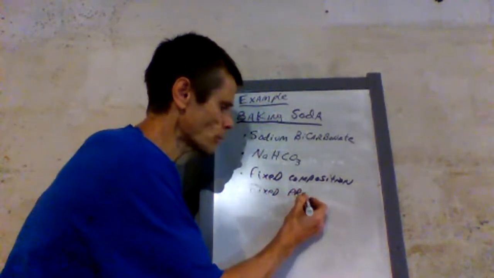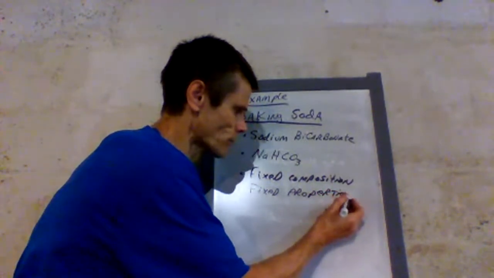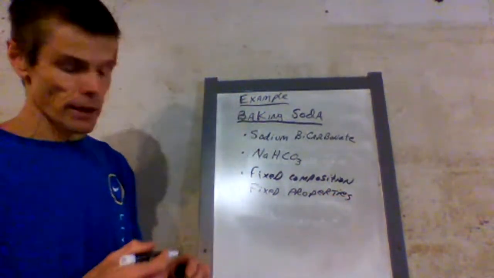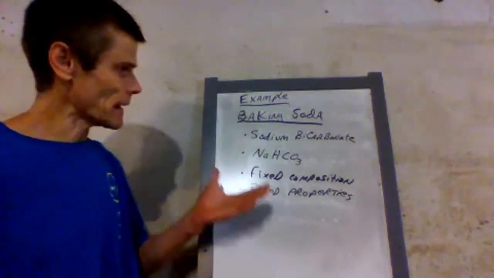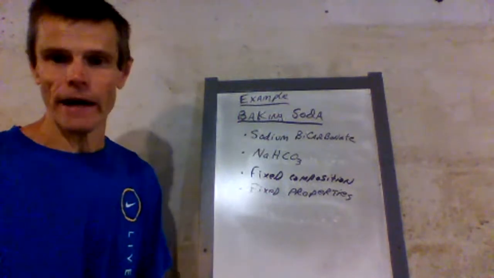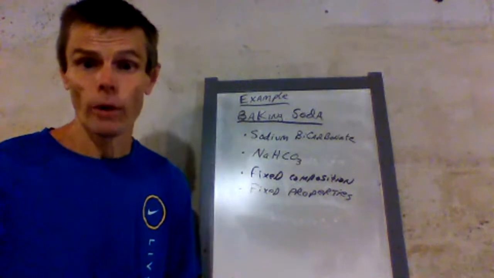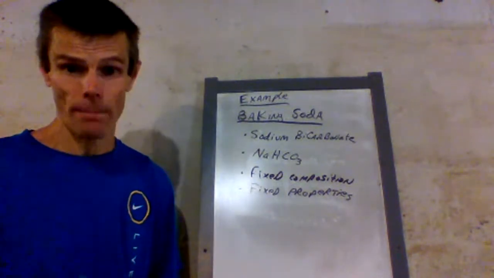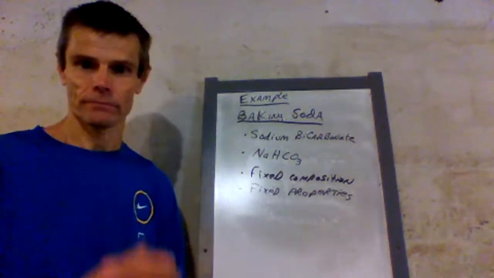And these would be the same regardless of where we buy the sample from. If you buy baking soda at Walmart, if you buy it at Food City, it's the same composition: sodium, hydrogen, carbon, and 3 atoms of oxygen. Baking soda is a pure substance. It's a chemical compound. It doesn't vary from one sample to another.